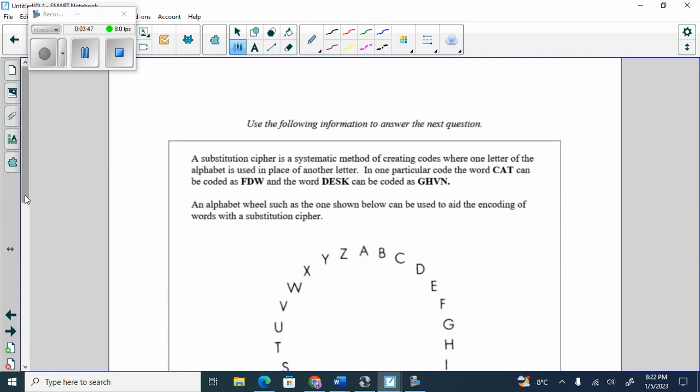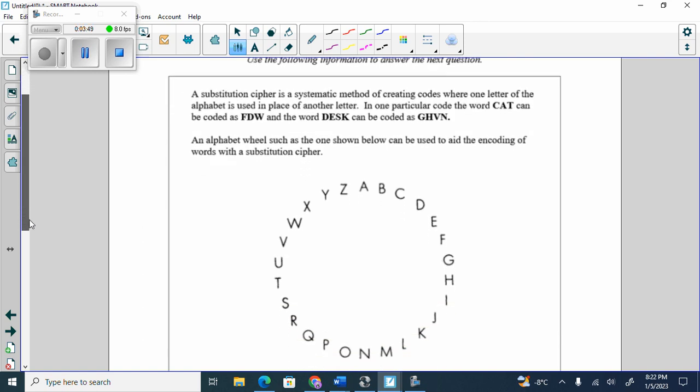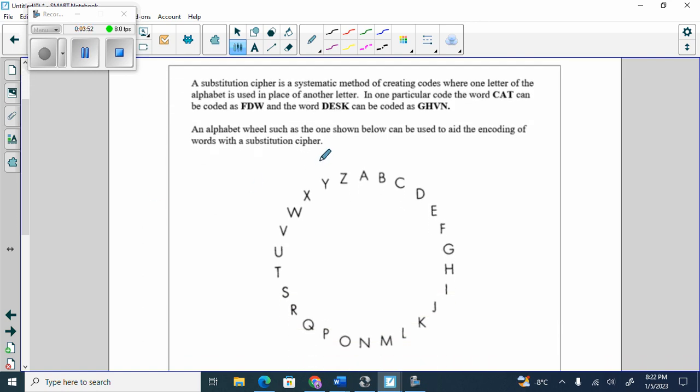The next one here: a substitution cipher is a systematic method of creating codes where one letter of the alphabet is used in place of another letter. In one particular code, the word cat can be coded as FDW, and the word desk can be coded as GHVN.